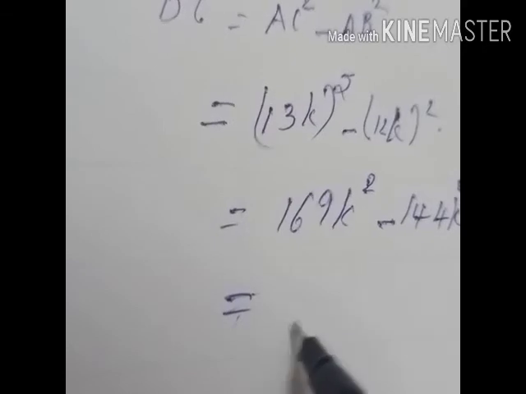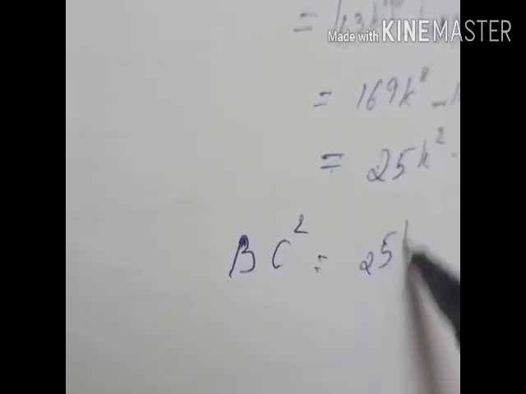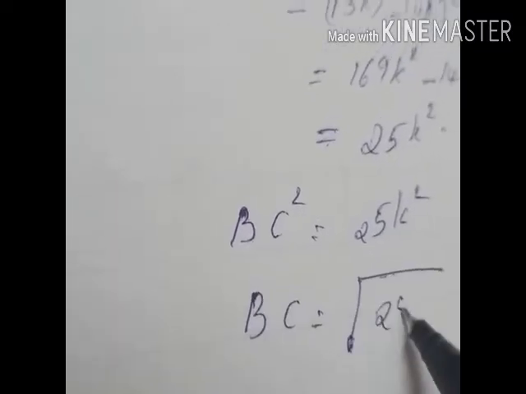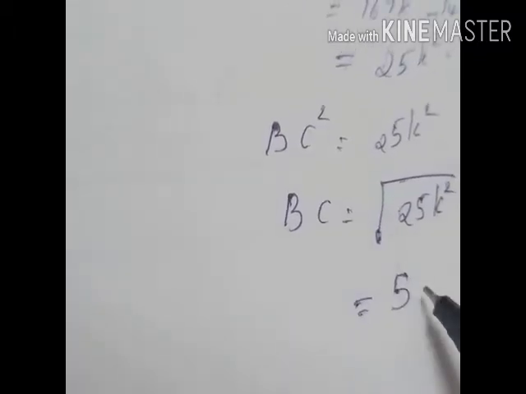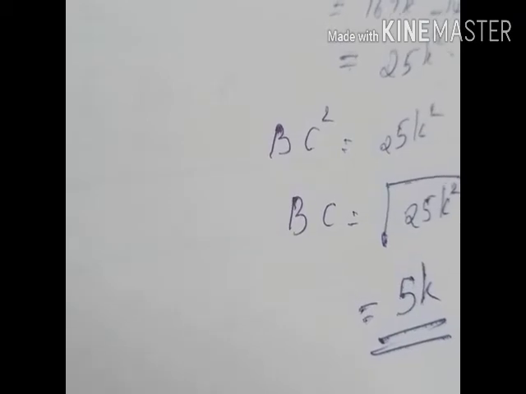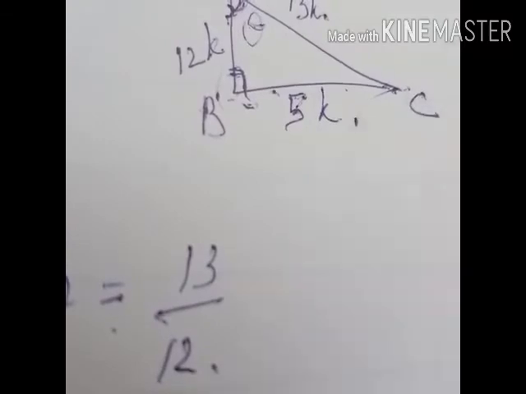When we subtract them, we get 25K square. Then BC square equal 25K square. So BC equal root of 25K square, root 25 is 5, root K square is K. So we got BC equal 5K. That we have to mention in the figure.